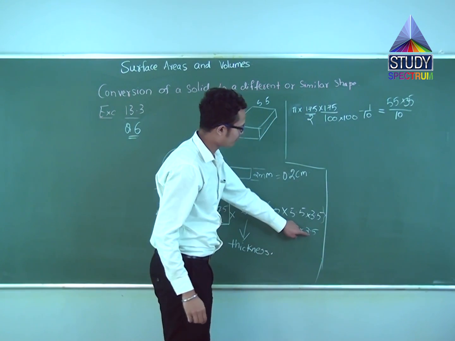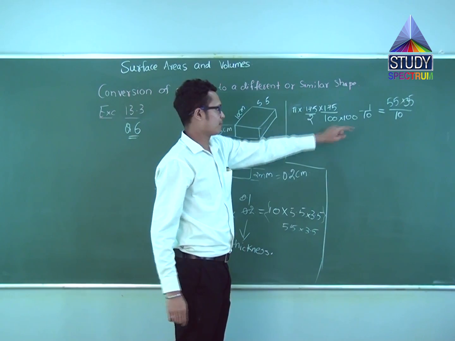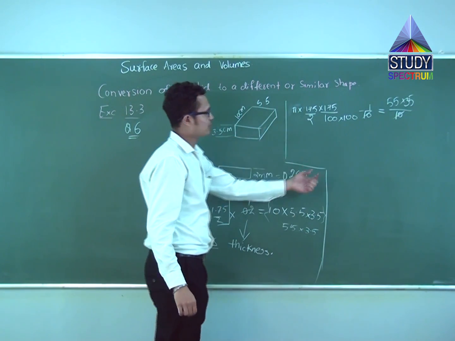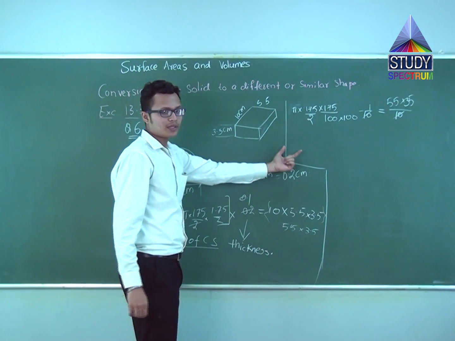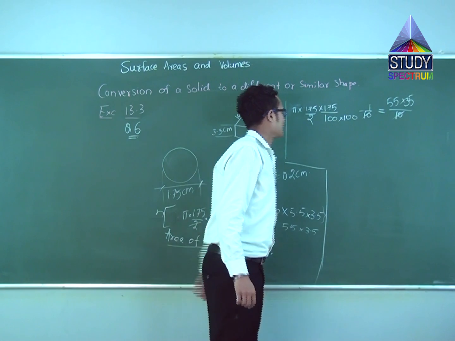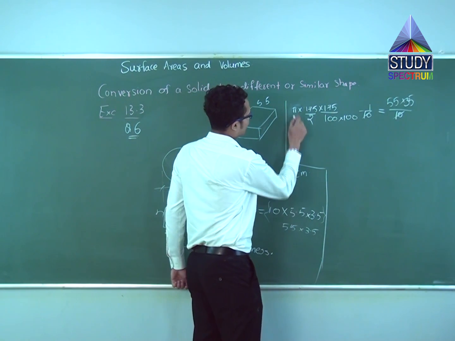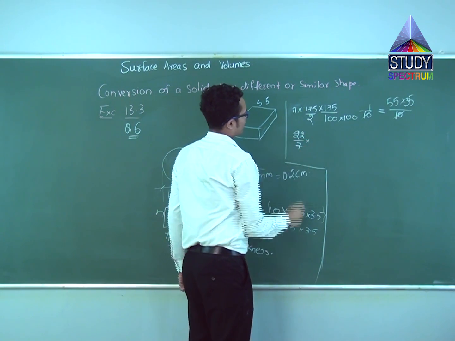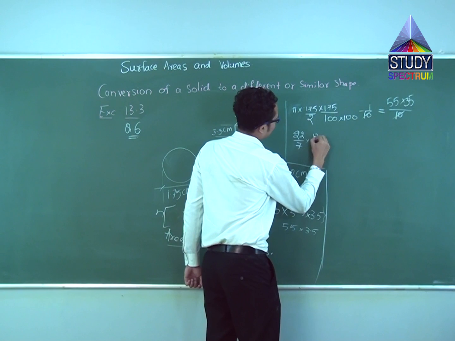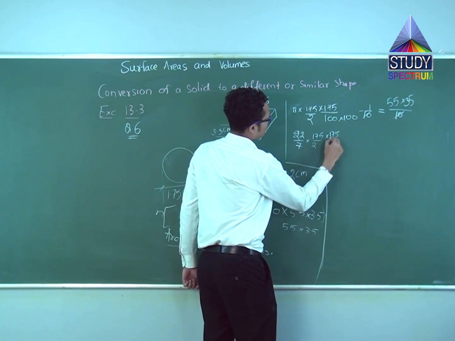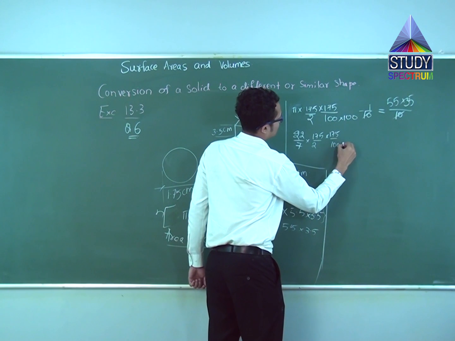Because 3.5 I've written as 35 by 10. So 10 goes out on both sides, because 10 is present in the denominator of the left hand side as well as the right hand side. Pi can be written as 22 by 7, 22 by 7 multiplied by 175 into 175 by 2 by 100 into 100.